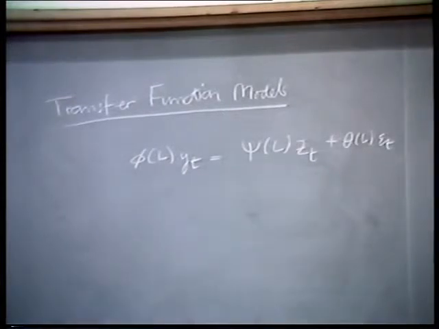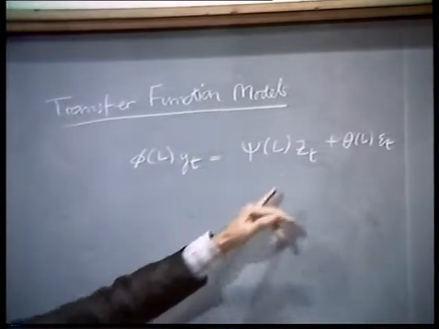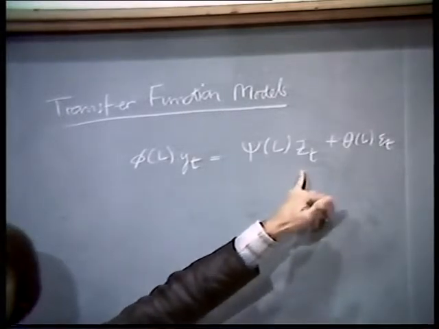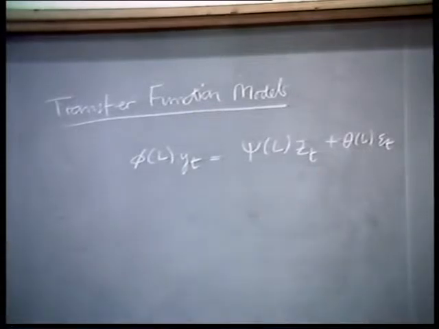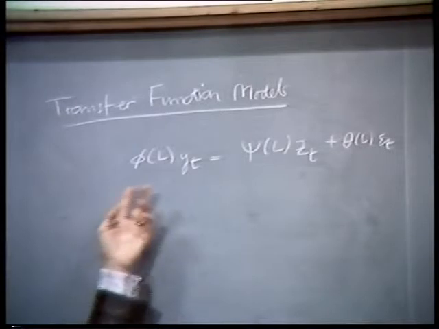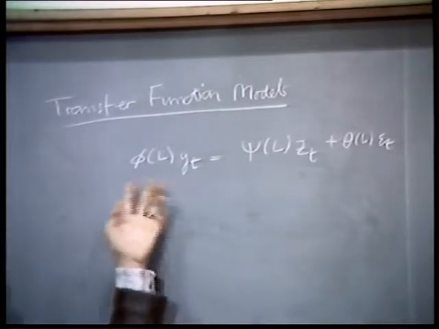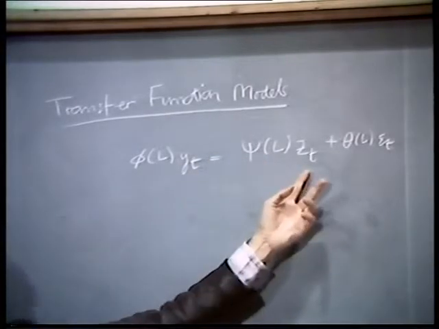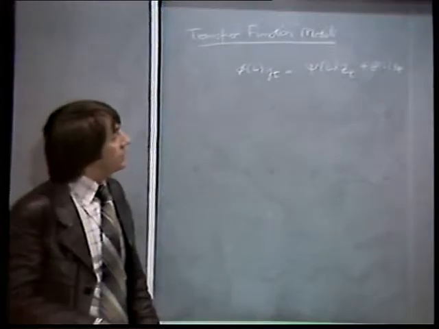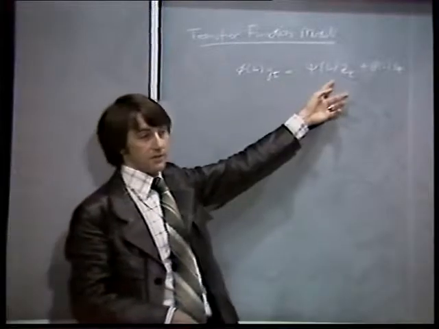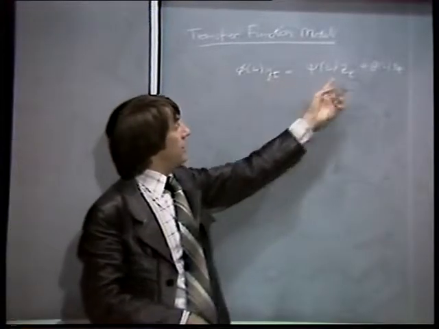Then if we've done that, it's quite likely that the filters we've applied to y_t differ from those we've applied to z_t. As soon as that happens, even if the true model does relate y_t to z_t, if we've applied different filters to y_t and z_t, it could be very difficult for us to find this underlying relationship between y and z.